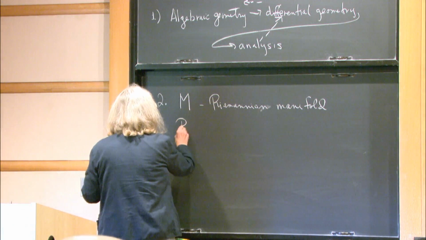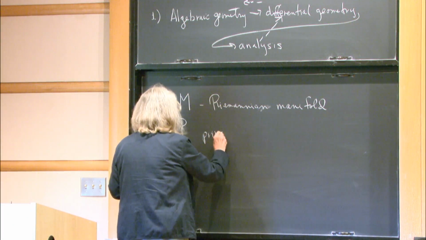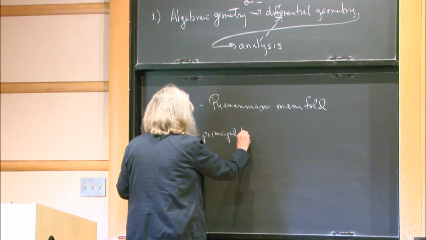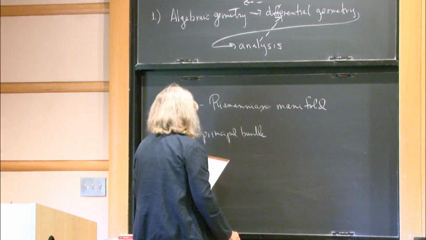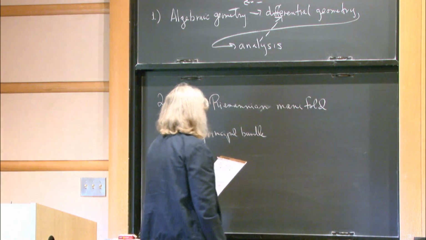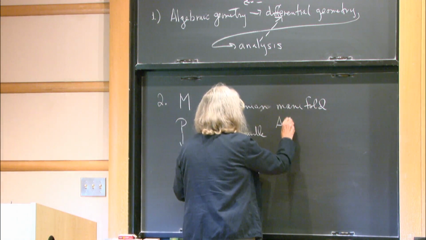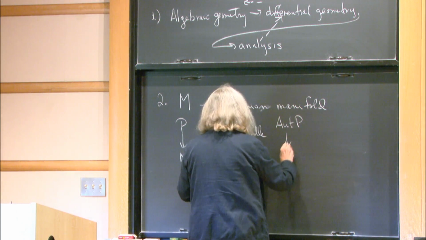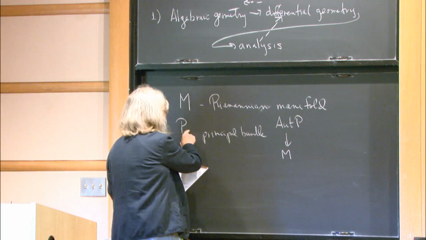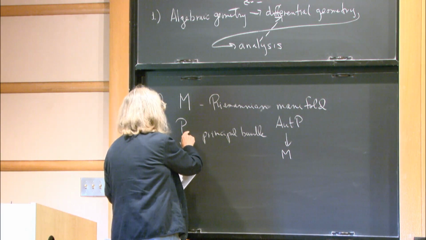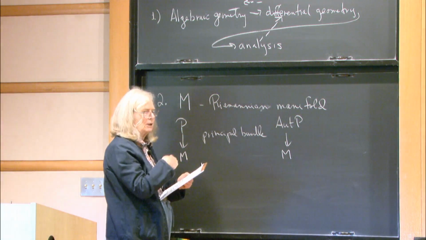And P over M is a principal bundle. The bundles that are important for us are the automorphism bundle of P. For those of you who aren't really familiar with the differential geometry, here the fiber is actually the group G, but only with multiplication on one side.